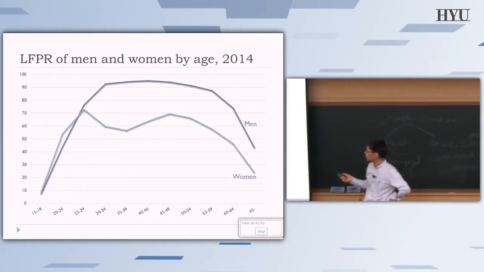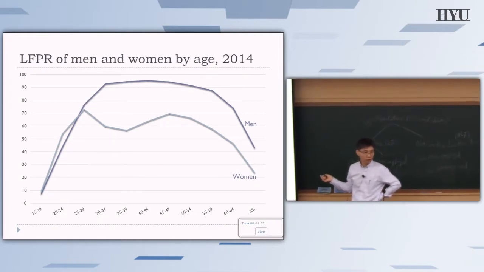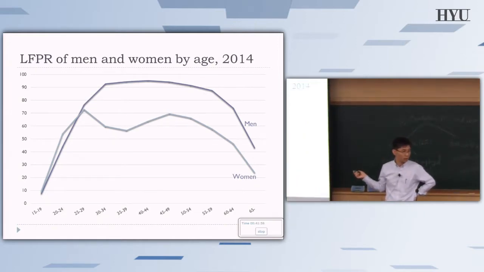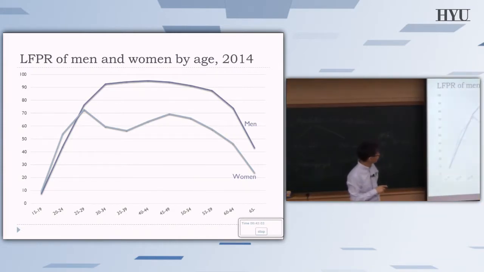Because of the marriage or child care or whatever, in Korean women's case, they drop out of the labor force. The drop in the labor force participation rate, LFPR, is not small, it's pretty big. It's probably about 15 percentage points.